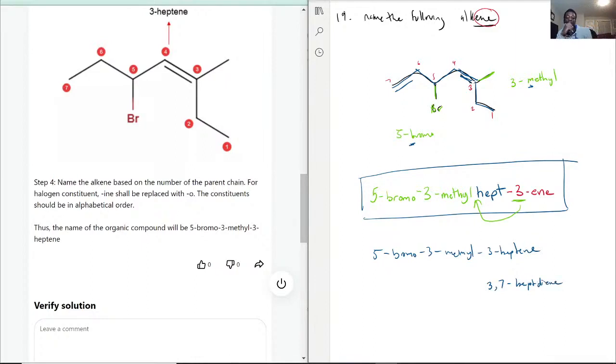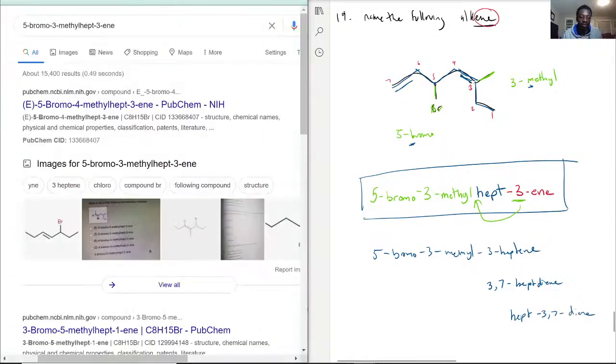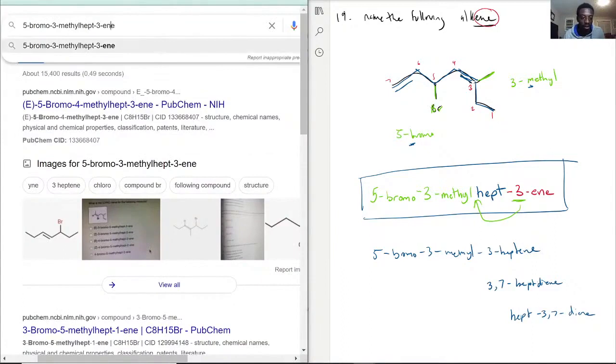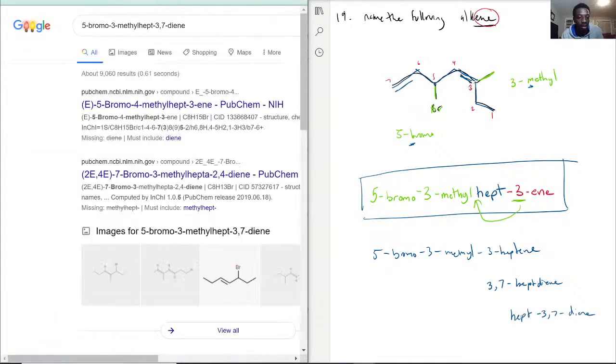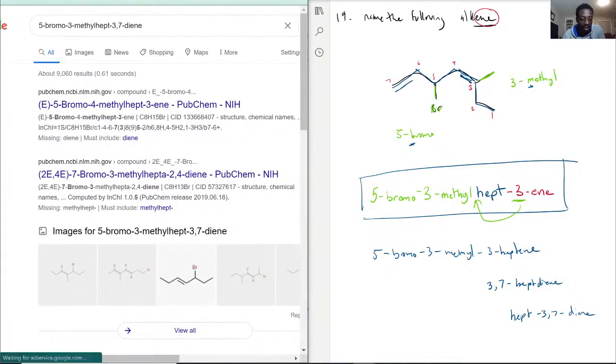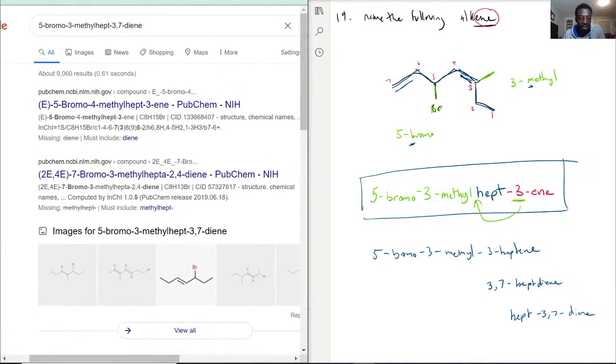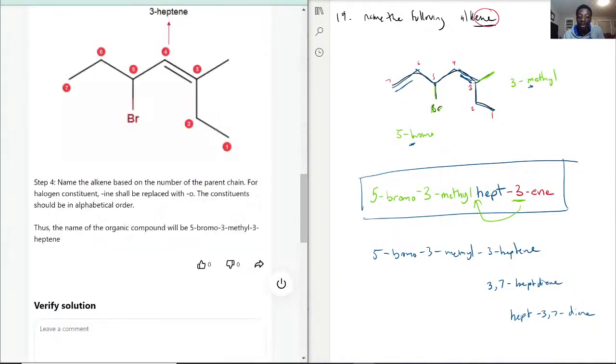That's where I have the issue with it, because it would look a lot better if it was hept-3,7-diene. But that doesn't really exist, because unfortunately the internet does not have every possible combination.